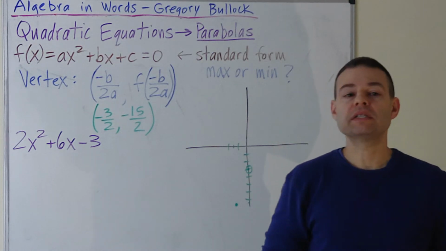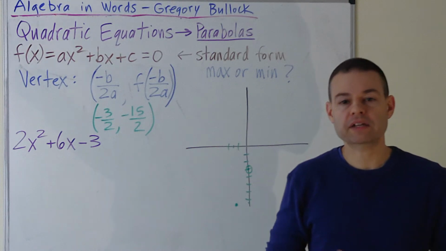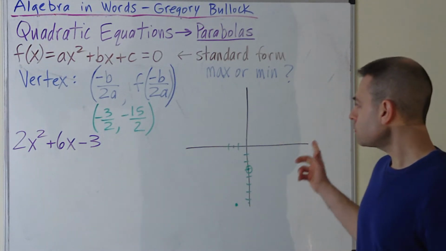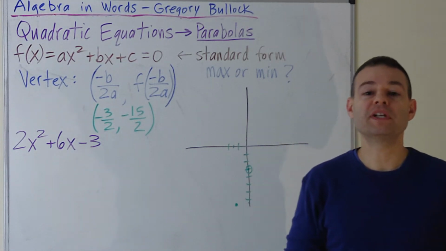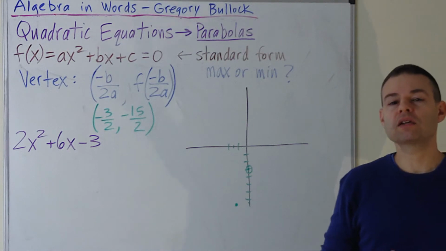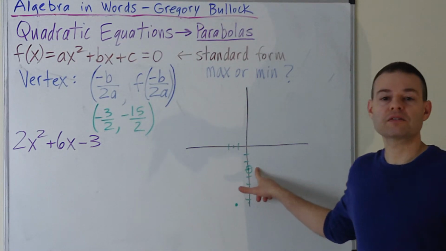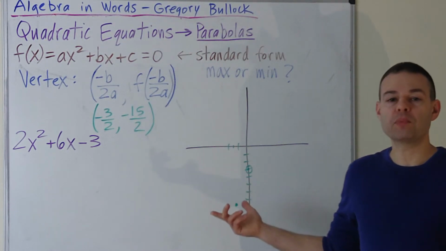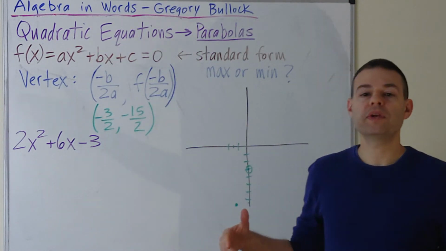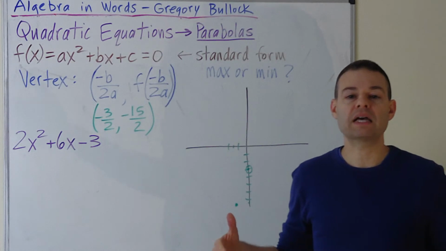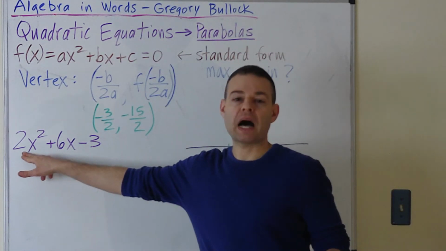And let's now do the next thing. The question is, is this going to open upward or downward? I think it's already clear by the y-intercept being here that it's going to open upward. But let's just be sure by going through the proper methods. We have to look at and properly analyze a. And this is positive 2.